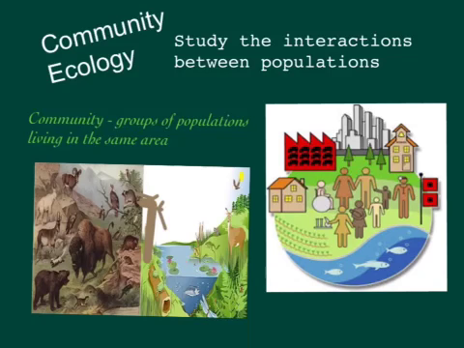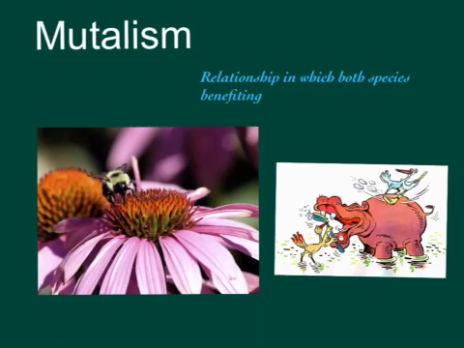Okay, types of interactions between organisms in a community. One is called mutualism, and it's a relationship in which both species benefit.